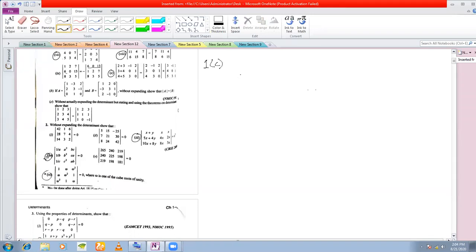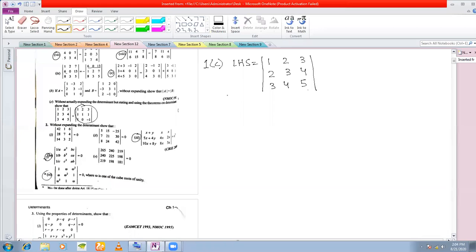1C. Show that, so you start from the left hand side. Show that this determinant 1, 2, 3, 2, 3, 4, 3, 4, 5 is equal to this determinant.